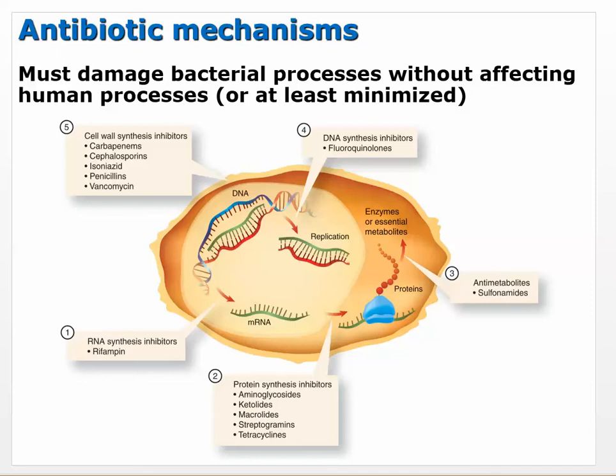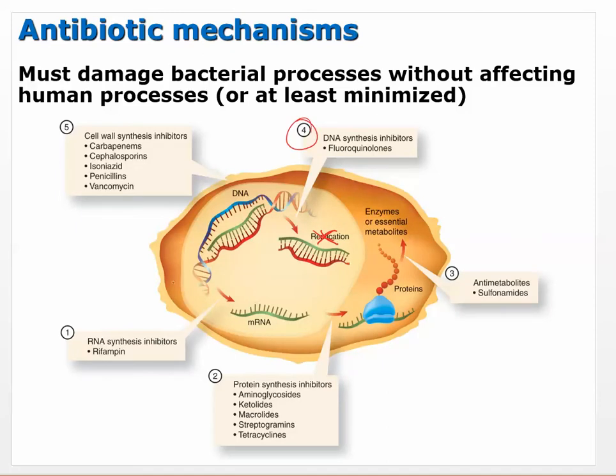All right, so let's talk about these mechanisms. I'm going to go through in the order that it says here, even though your book goes through in a different order. Bacteria have DNA, and that DNA has to divide, which I know I just said I'm going in order, but I'm going to get this one out of the way. There are drugs that just block that cell division. It blocks that replication, and that's number 4 here.